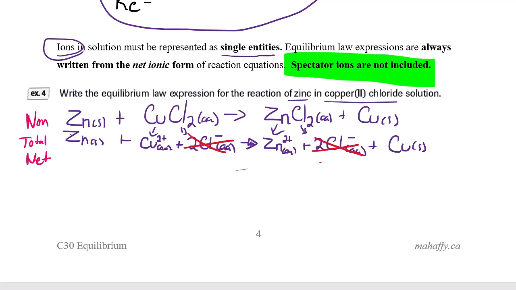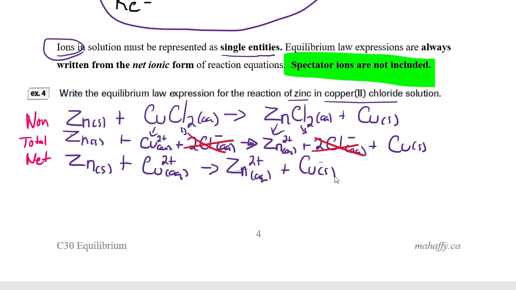So then my net ionic equation is my zinc reacting with copper 2 plus to give zinc 2 plus and solid copper. And now I can write out the equilibrium law expression.